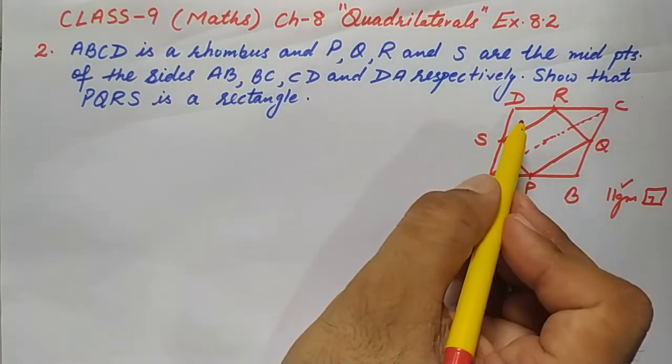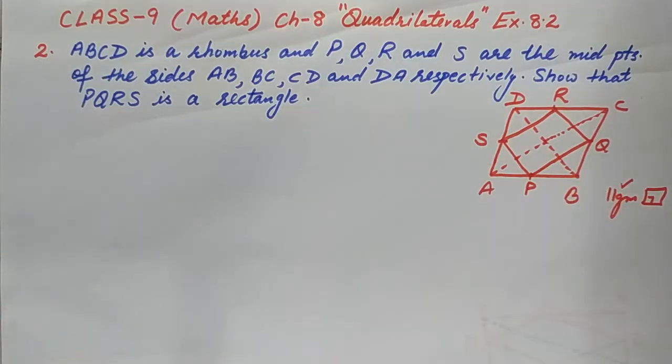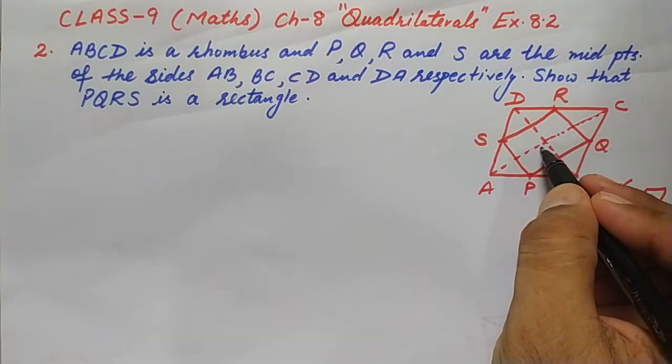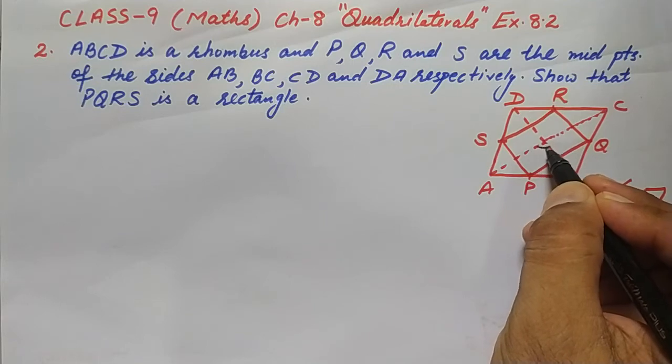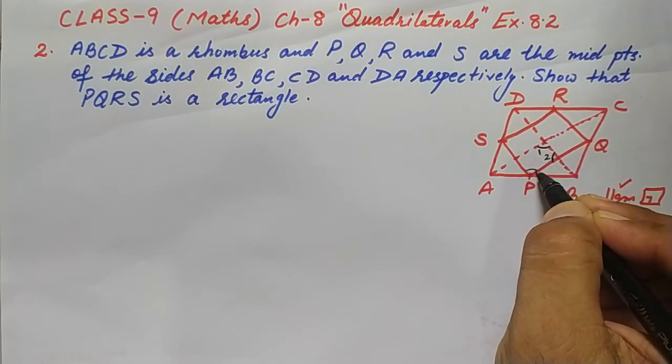We will also join diagonal BD. You know, diagonals of a rhombus bisect at 90 degrees, so this angle, angle 1, is 90 degrees. Suppose this is angle 2, and this is angle 3.